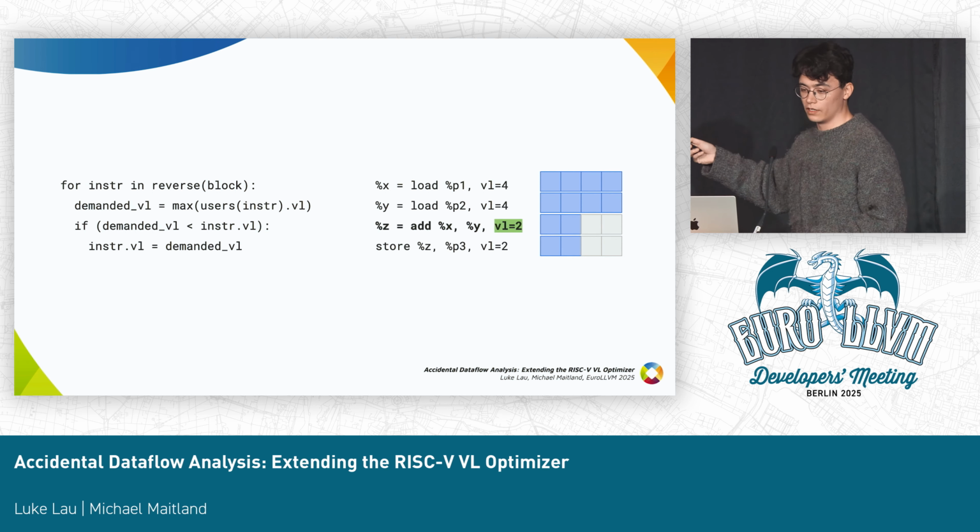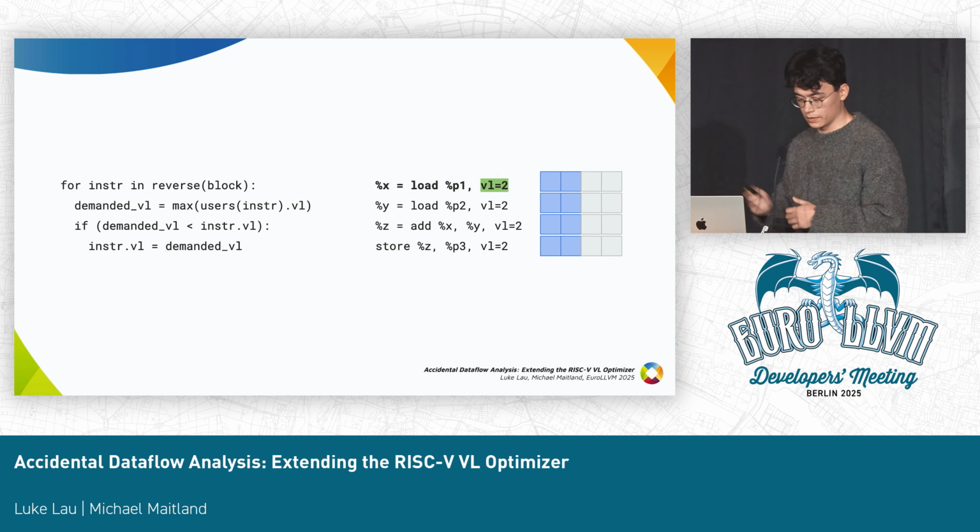For every instruction, it'll look at its users, take the maximum VL that is demanded by each of its users, and then reduce its VL if it's possible. And then this repeats, and the way it works is that it kind of bubbles up. And so it's able to reduce the VL of entire trees, with a pretty simple algorithm, which is fantastic.